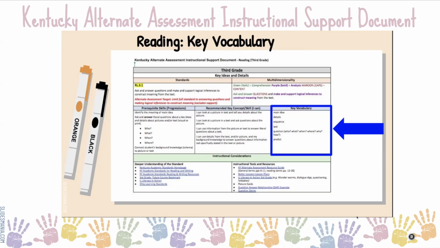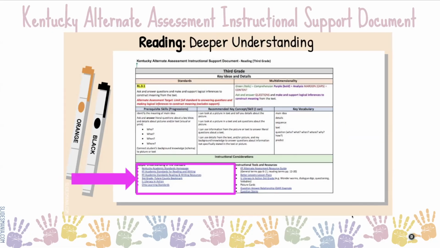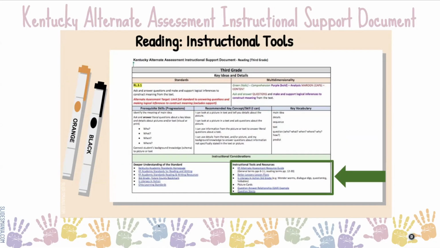These are vocabulary words that they need to know what they mean in order to get comprehension of the standard. The bottom piece are what we call instructional considerations, and those are just links for you as a teacher, a resource to get a deeper understanding.